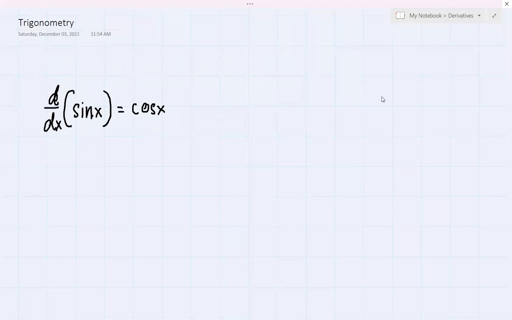So let me give you some examples. So ito, you are asked to get the derivative of sin x. Hindi, it's a test. Anong derivative ng sin x? Cosine x, syempre.